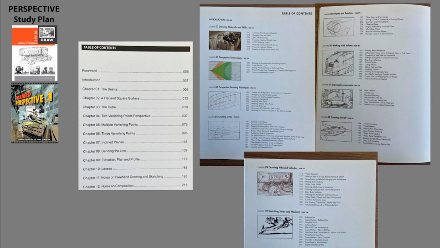Then Marcos jumps right into 1 point, 2 point, and 3 point, and finally multiple and inclined planes, so auxiliary vanishing points.